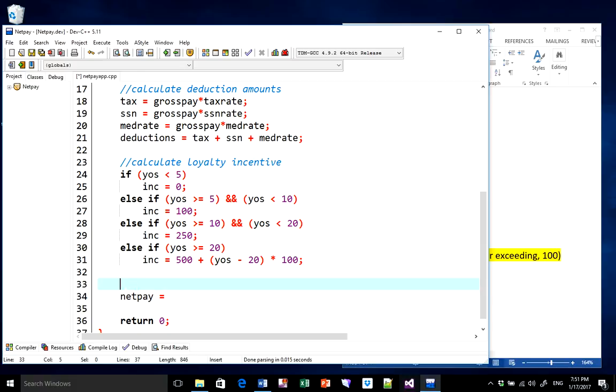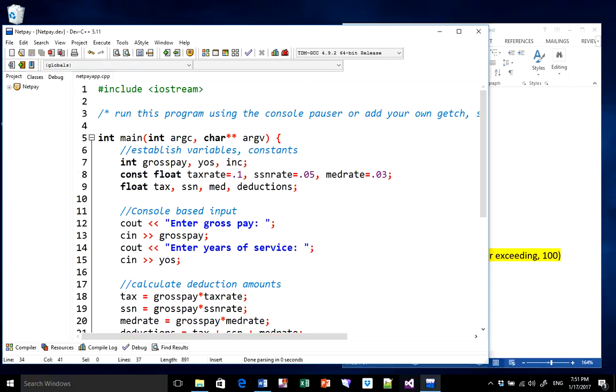I'm just gonna put a comment here. Gross pay minus deductions, right? Which is the sum of the tax, Social Security, and Medicare, right? Plus what? The incentive.